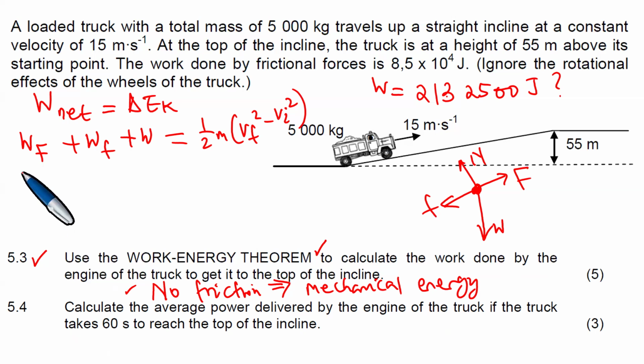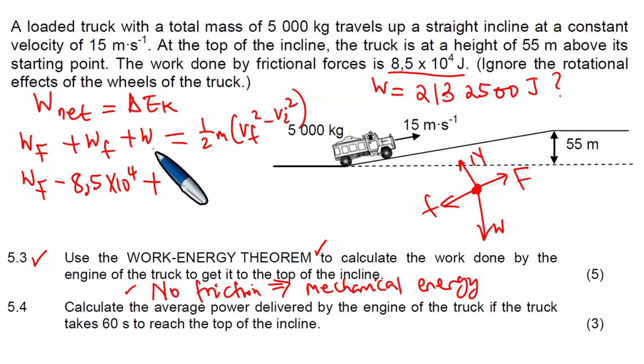Work done by the applied force. The work done by friction forces. Now, the work done by friction is this one, which is 8,5 times 10 to the fourth power joules, plus the work done by the weight.